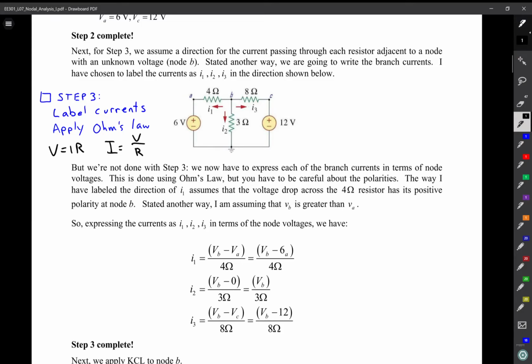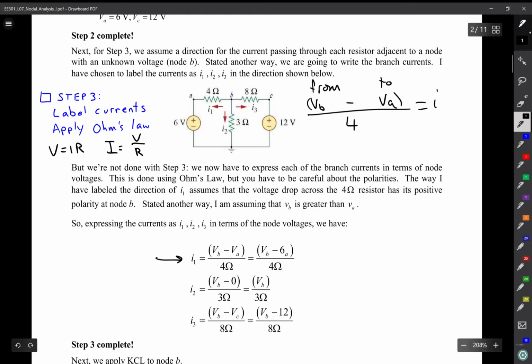I1 goes from VB to VA. So I subtract those two to find the voltage across the 4 ohm element, divided by the value of 4, and that's equal to I1.